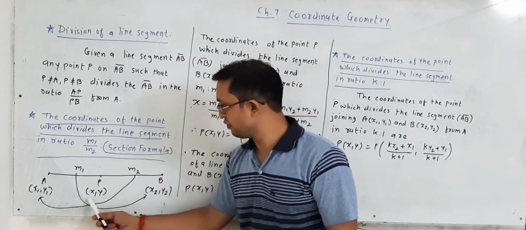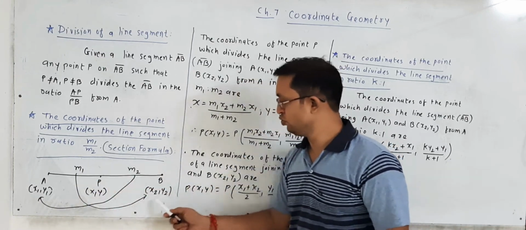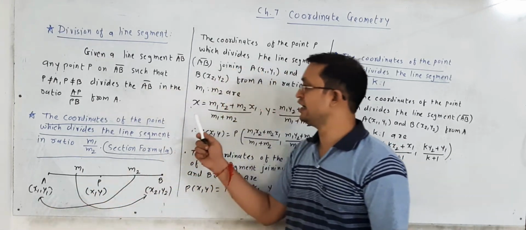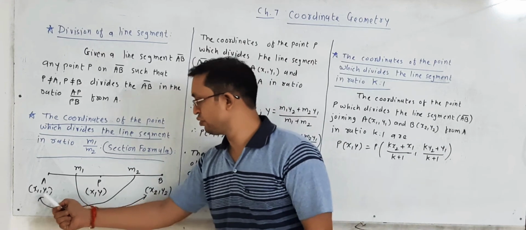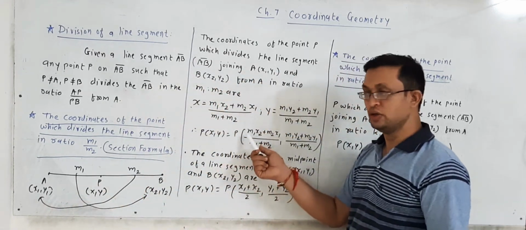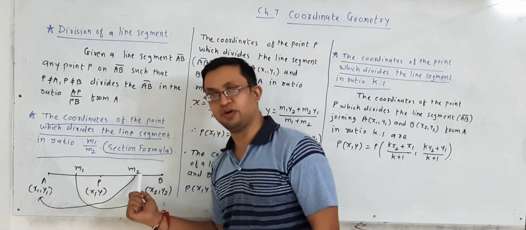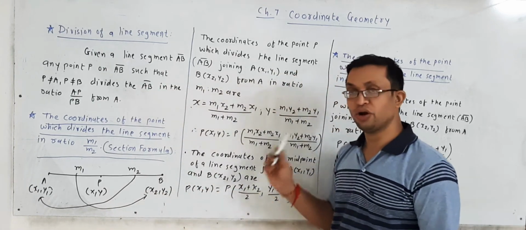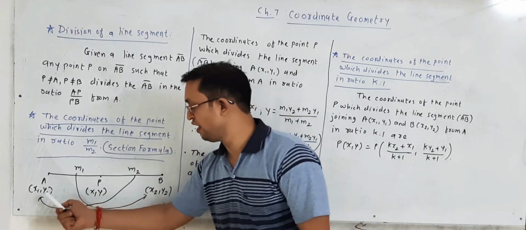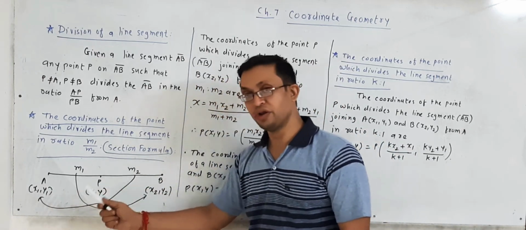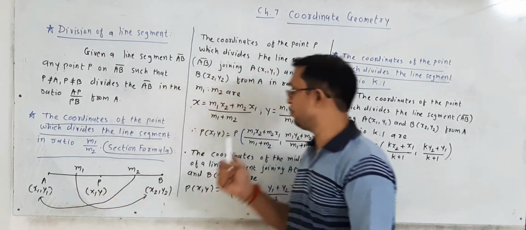The x coordinate is (m1 x2 + m2 x1) divided by (m1 + m2). And the y coordinate is (m1 y2 + m2 y1) divided by (m1 + m2).